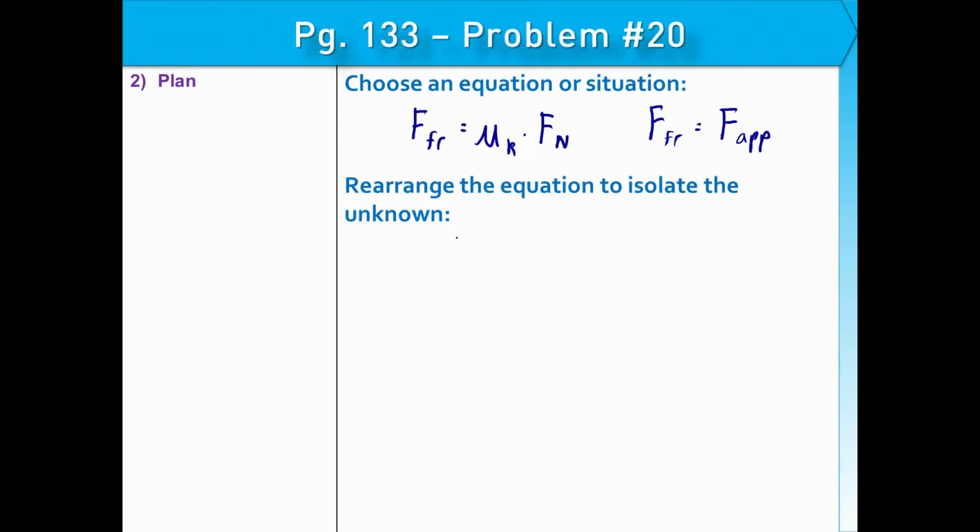First, I'm going to put our force of friction. And because the force of friction is equal to the applied force, I'm going to substitute with the applied force. And because the applied force is our unknown and it's already isolated, that means I'm done with rearranging the equation.